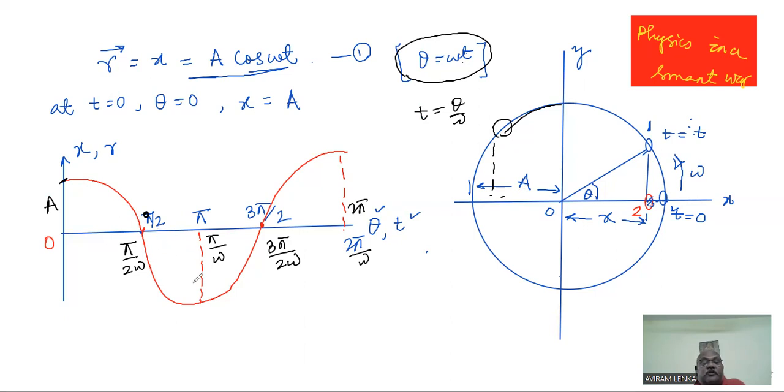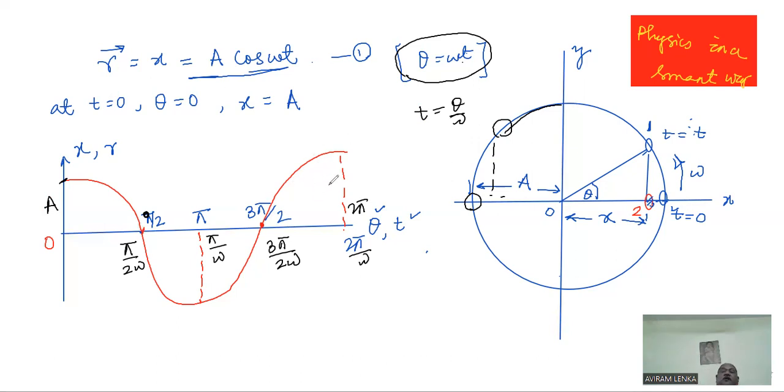So here x becomes negative, and we know maximum negative x will be when the main body has covered an angle of pi radian or 180 degree at the center, that is here. In that way, you can find out all the things.